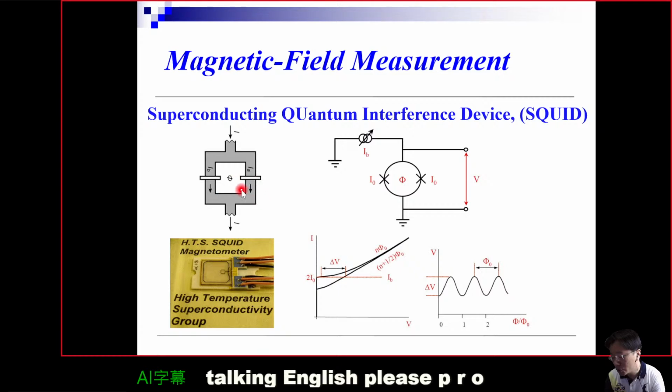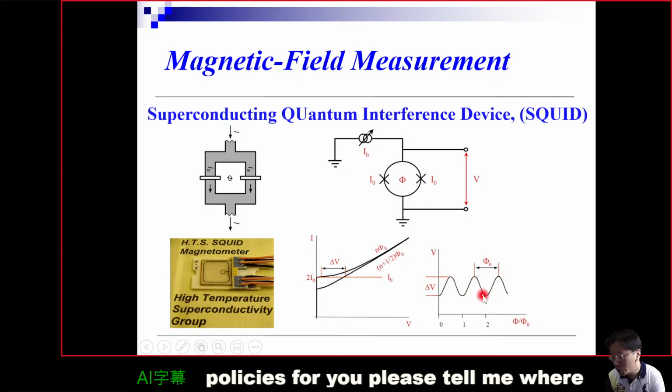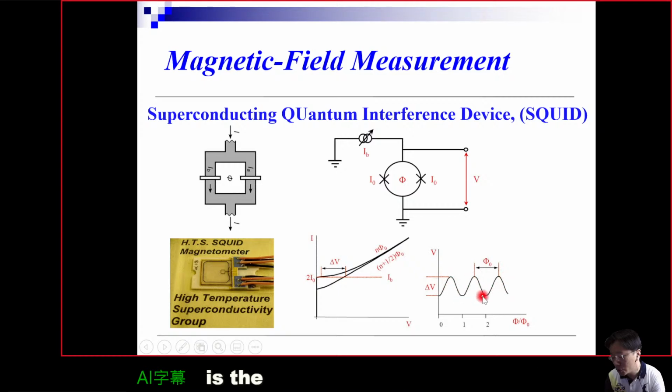But the most important point is that in superconducting currents there is a phenomenon with a Cooper pair, which is combined from two electrons. And when these two electrons pass through this barrier made by the insulator, there's quantum tunneling here. So we will find the voltage varies like a sine wave.